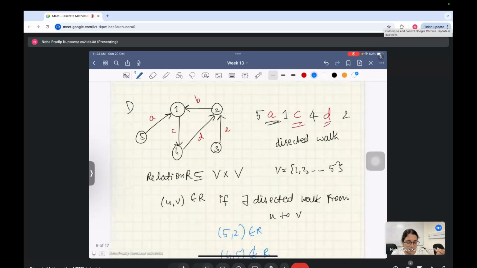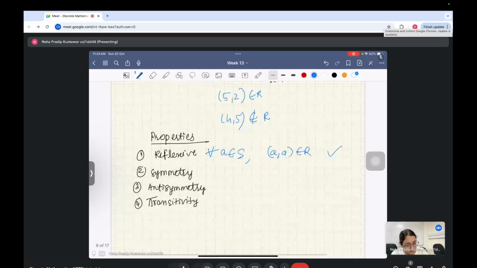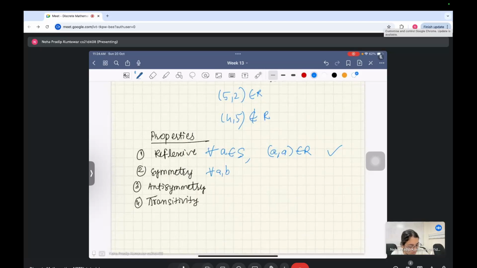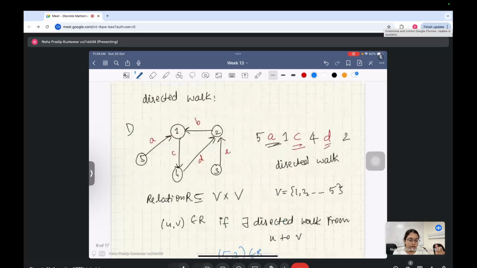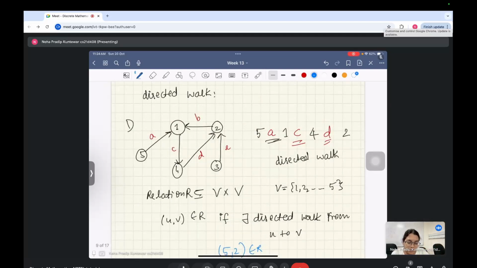And what about symmetry? Symmetry says that for all elements A, B in set S, A not equal to B, A, B is related if and only if B, A is related. In our case, according to the relation that we defined, if you have a directed walk from vertex A to B, you should also have a directed walk from vertex B to A. So is that true? For example, you have a directed walk from 5 to 4: you take the edge A, you go to the vertex 1, then you take the edge C and go to the vertex 4.